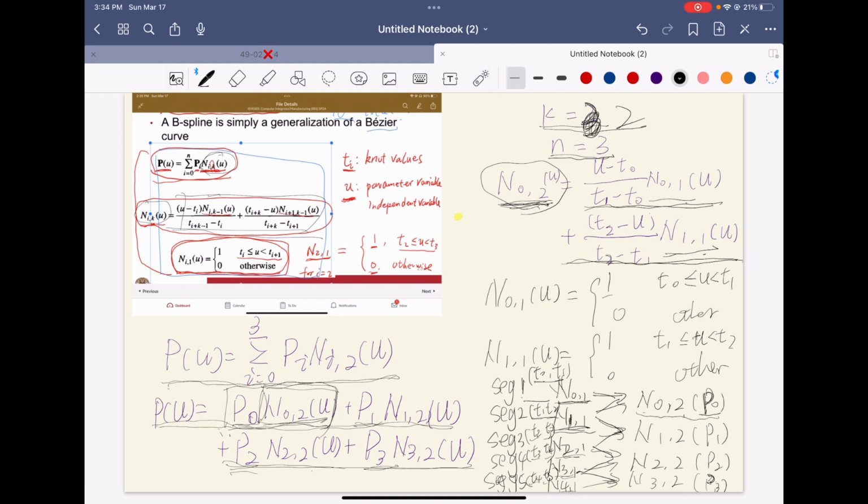So in our equation, we have 4 control points. We have n equal to 3, so n plus 1 equal to 4 control points, and we have k equal to 2. Going back, we find that when k equal to 2, we need to bring the order down to 1 once, right?